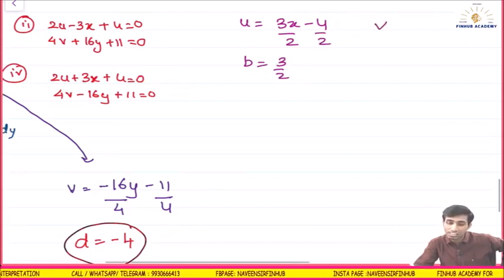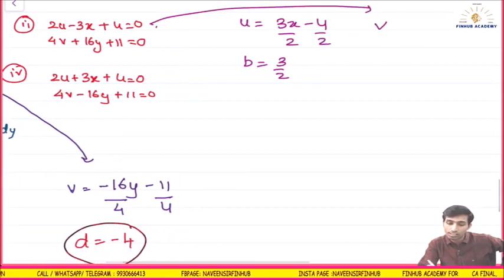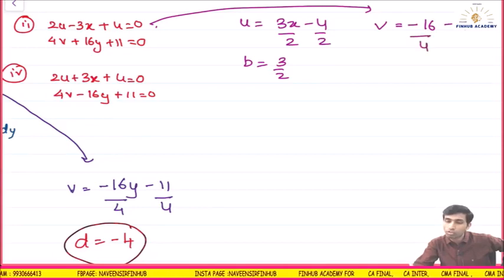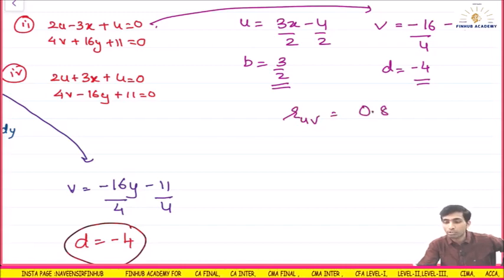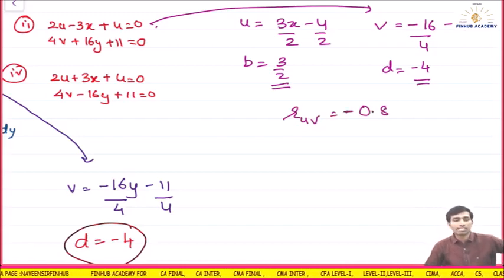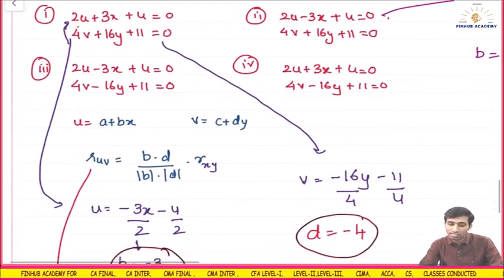Same way I will make an equation for v. v is equal to minus 16y minus 11 upon 4. So the value of d is minus 16 by 4, that is minus 4. See, one is plus, another is minus. So ruv will be 0.8, but not only 0.8, it will be minus 0.8. Understood? Minus 0.8.